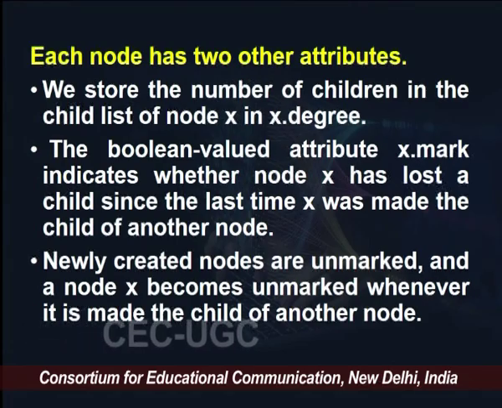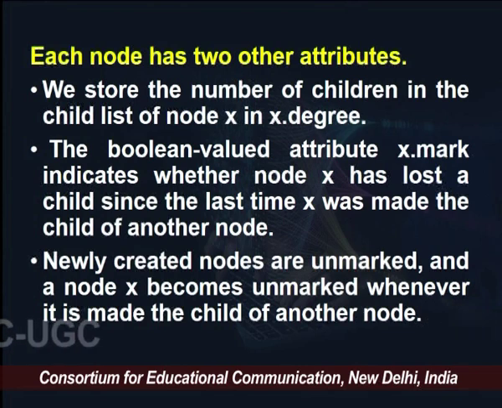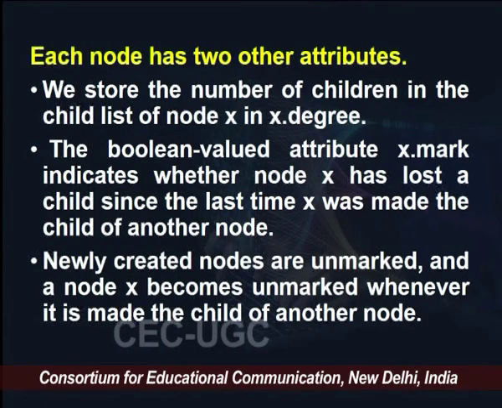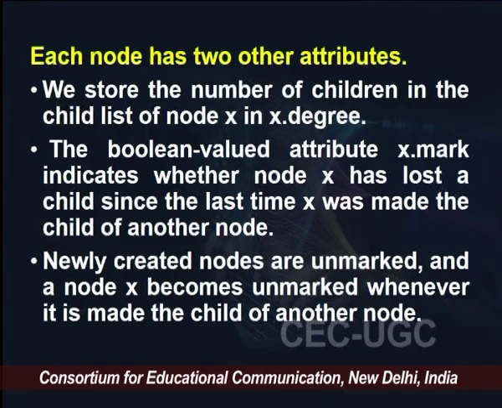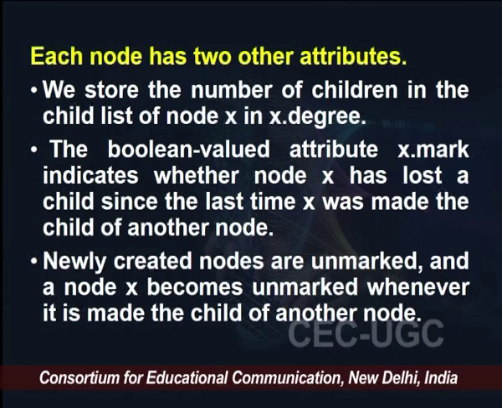So, since the time x was made the child of another node, has node x lost a child, yes or no, that is going to be shown with the help of this Boolean valued attribute, x dot mark. And the significance of this x dot mark we will be covering in our various operations and obviously the amortized analysis.